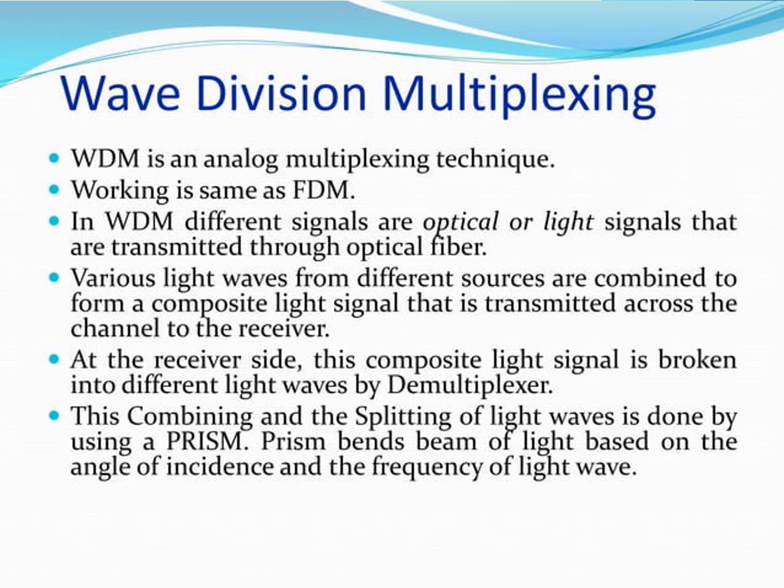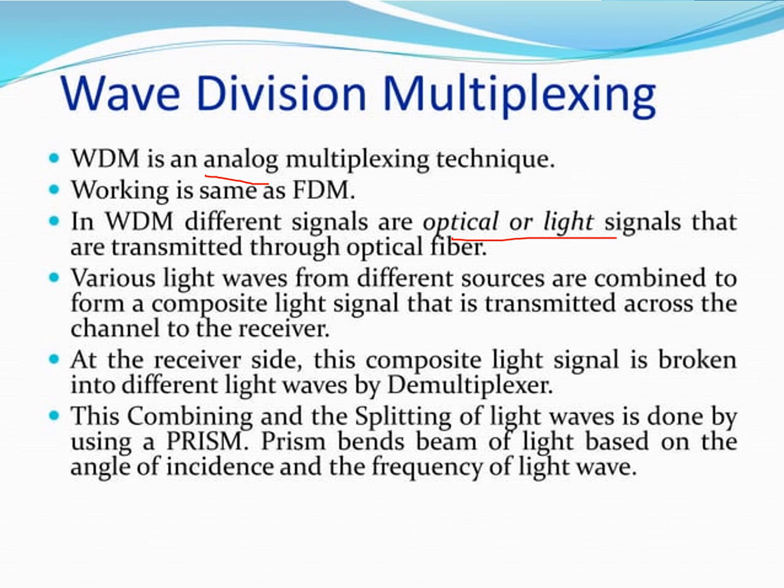Next is wavelength division multiplexing. Wavelength division multiplexing is also an analog multiplexing technique. It works the same as FDM, but one major difference is that it uses optical or light signals, fiber optics, as the transmission medium.